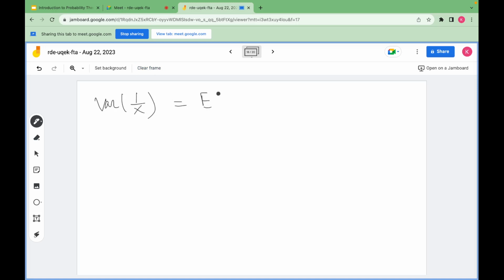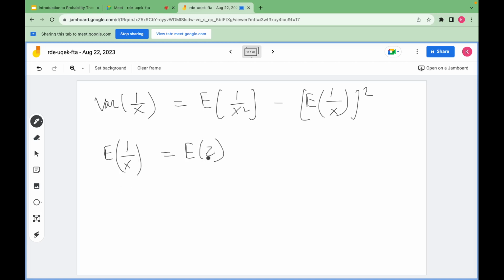This is nothing but expectation of 1 by x square minus expectation of 1 by x to the power whole square. First we will find the expectation of 1 by x. So this is nothing but E z. Z is the function of x.